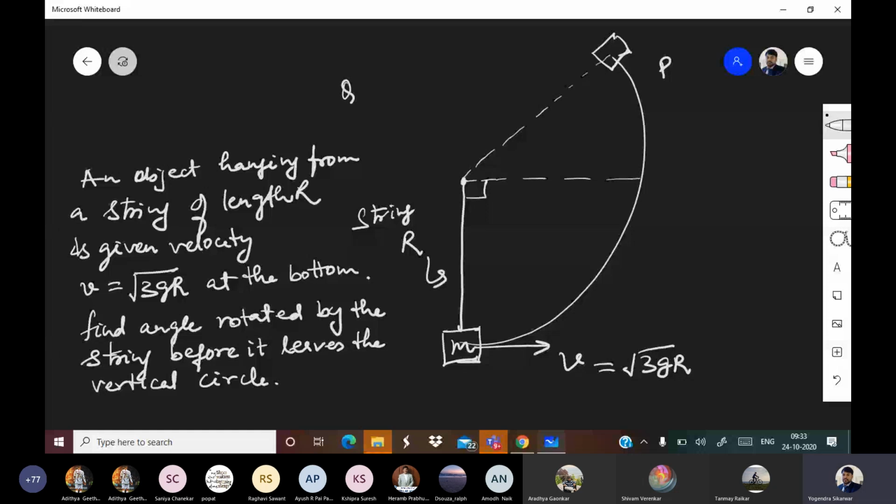And this is the angle theta which it has rotated. I am assuming that this angle is alpha from the vertical. All right. So object has rotated how much? Theta, and we need to find theta. Correct.